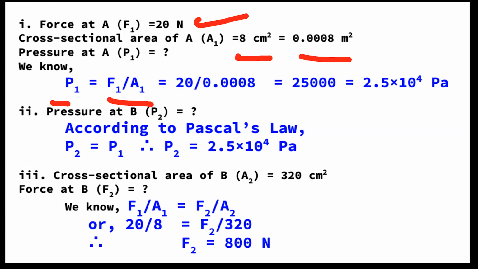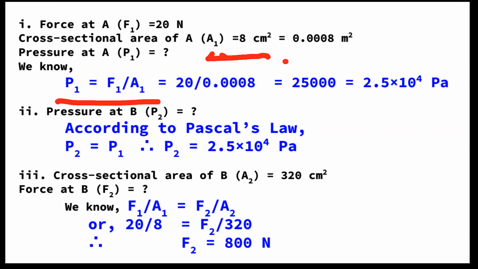So force F1 is 20 Newton, and area A1 is given as 8 cm square, which we have converted into meter square as 0.0008 meter square. And P1 is what? Using the formula of pressure, force upon area, 20 upon 0.0008 equals 25,000.